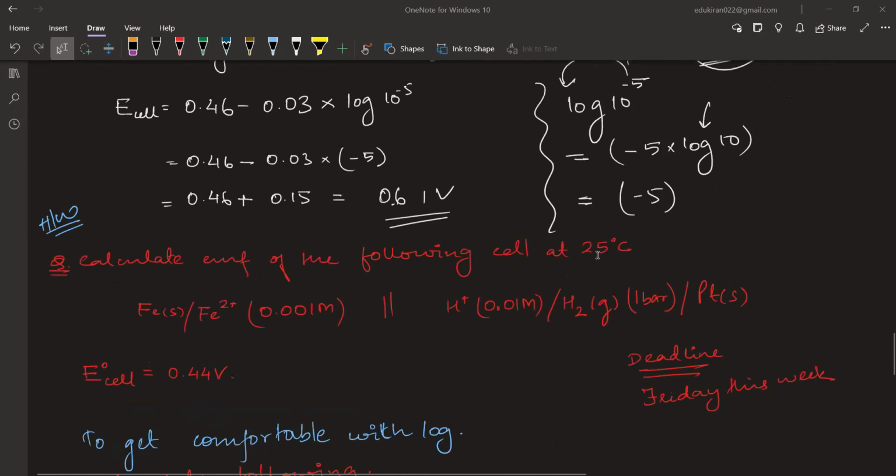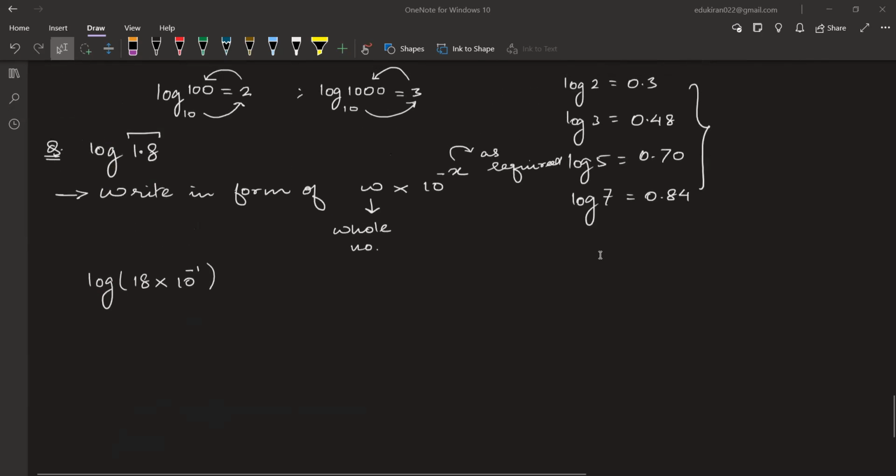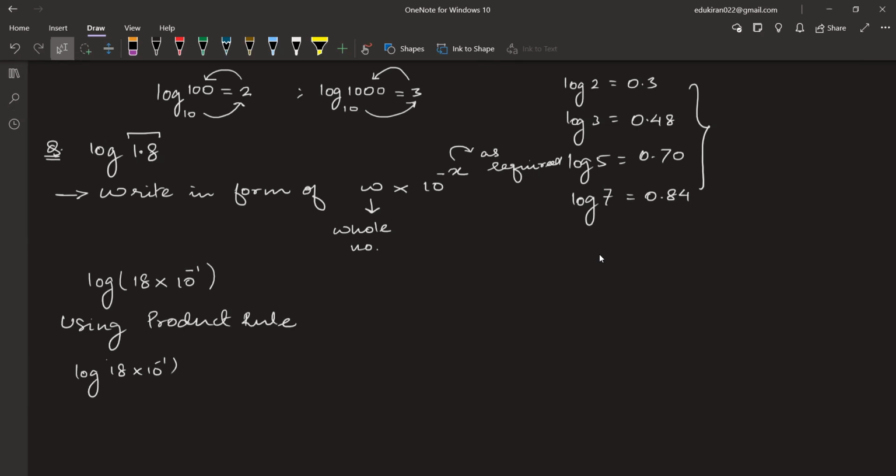So we will use this product rule. We know that log 18 into 10 to the power minus 1 will be equal to log 18 plus log 10 to the power minus 1.